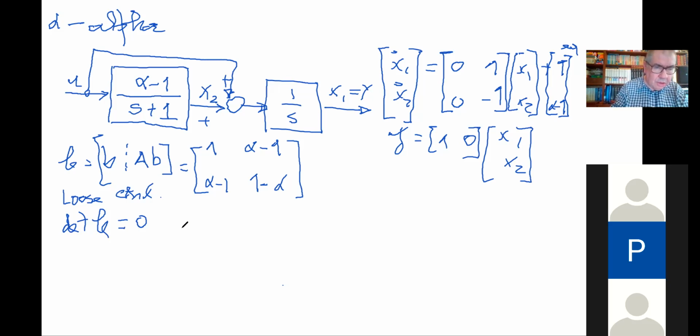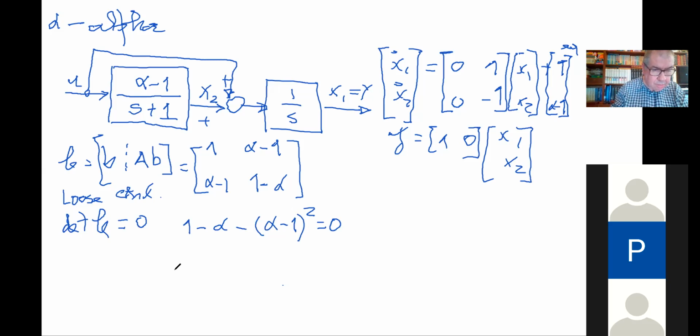What is the condition? 1 minus alpha minus alpha minus 1 squared equal to 0. So you can solve this, no?